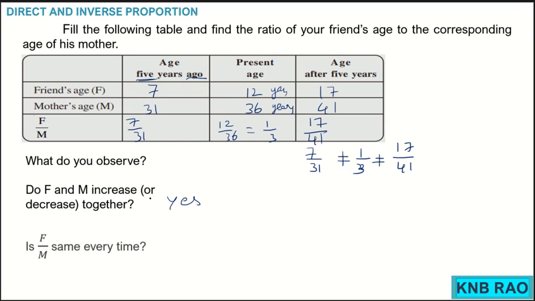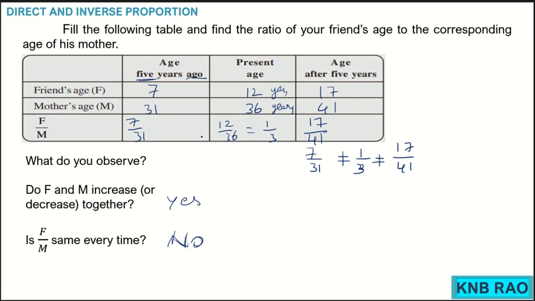But what about it, is f by m the same every time? No, not at all. That means, can I say they are in direct proportion? Are they directly proportional? No. Here, the age of your friend and his mother's age are not at all directly proportional.